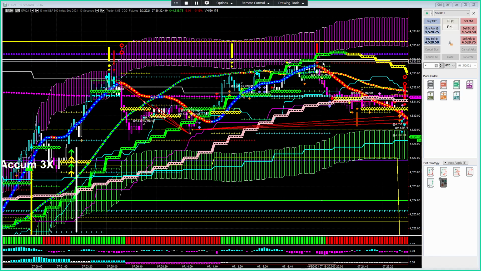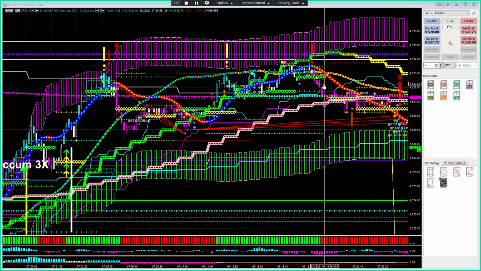It still hasn't quite hit the pivot point, and I get some more selling. This time it breaks down out of the 2-minute close, and I add some more here. So at this point I've got 6, 8, 10.